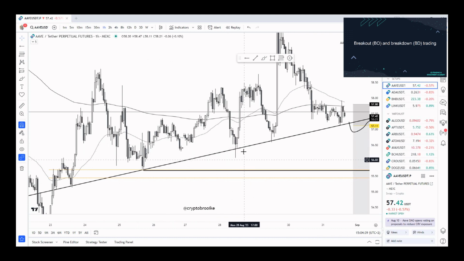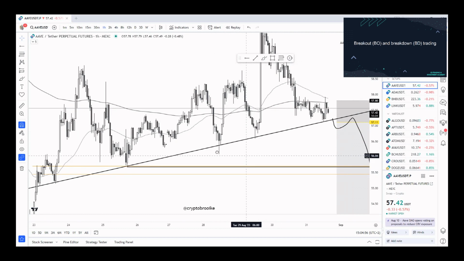So if you would see this line break the trend line and you would go short immediately after it broke, well, then stop loss would have certainly been hit, as you can see.